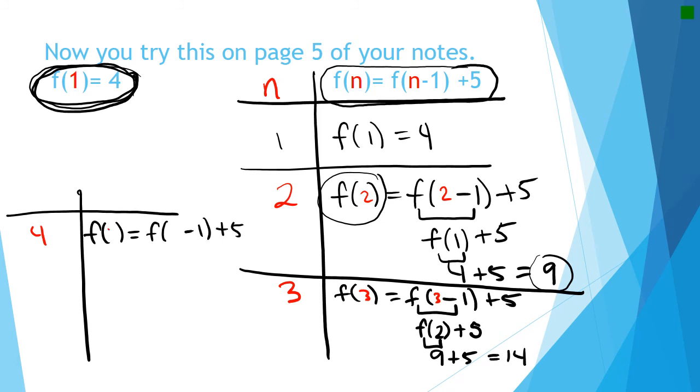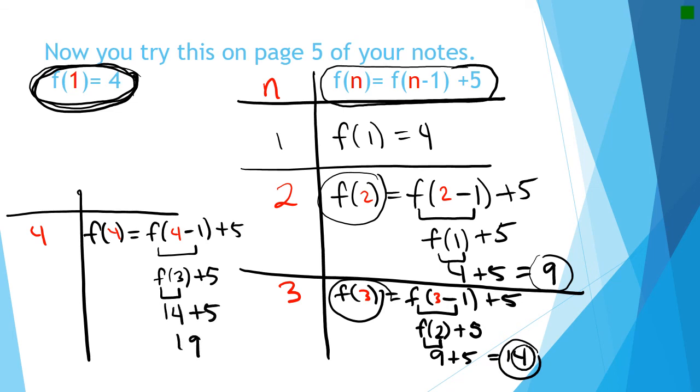Go ahead and plug in my 4's. So now this becomes f of 3, which is the third term, plus 5. So go back and take a look at what was our third term. Our third term was equal to 14. So we'll take 14 plus 5, which gives us 19.